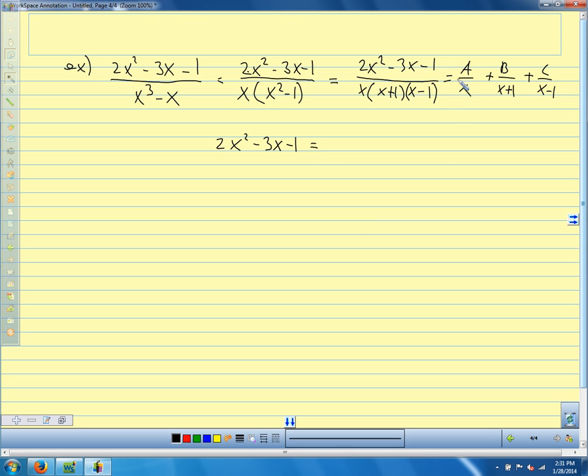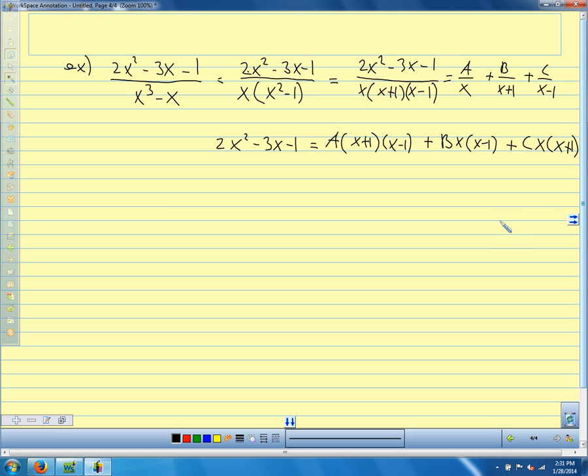What does A get multiplied by if I multiply through by this whole thing? x plus 1 times x minus 1. Plus B, what does B get multiplied by? x times x minus 1. And C gets multiplied by x times x plus 1.